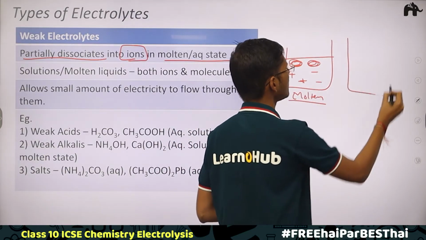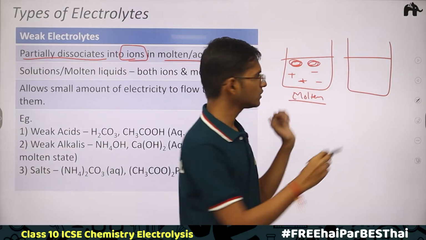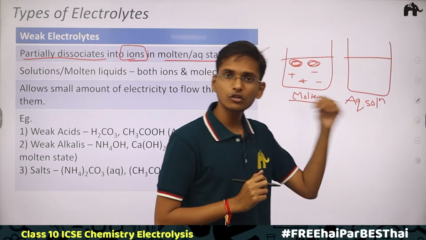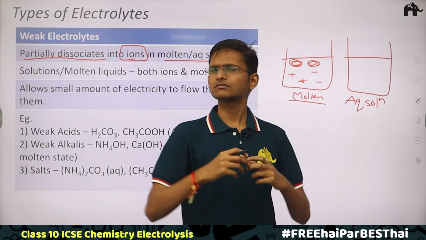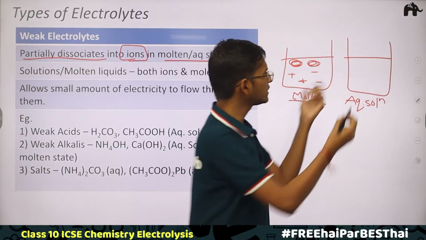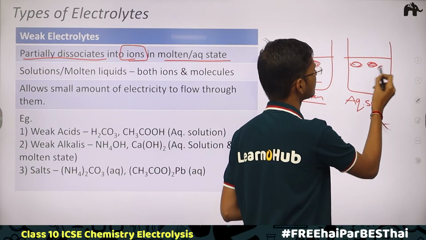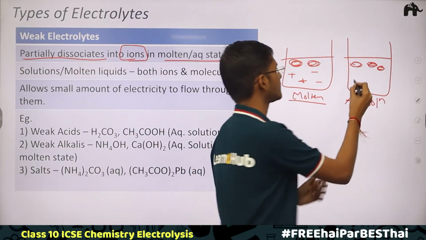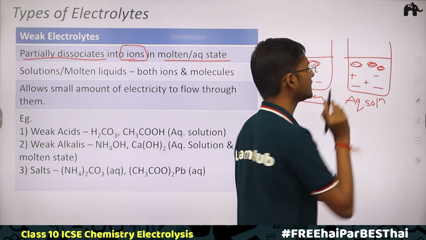Same way, when we add such weak electrolytes in water, so that we are making its aqueous solution, there also these electrolytes would say that no, I'm not going to dissociate completely. Some of my molecules would remain as molecules only, and some of my molecules would undergo dissociation and produce some positive ions and negative ions.